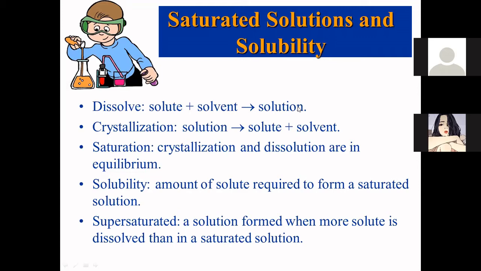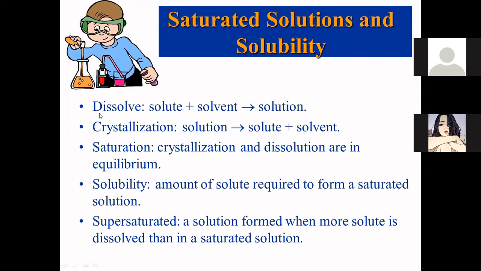So if we will simplify this, crystallization and dissolution, isn't this that when we have dissolution, we form a solution? And in the crystallization, from the solution, we form solute and solvent. So I will use the term rate. So in the case of saturation, the rates of the dissolution and crystallization are equal.